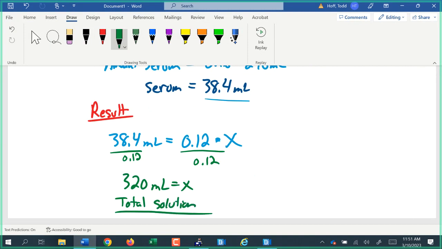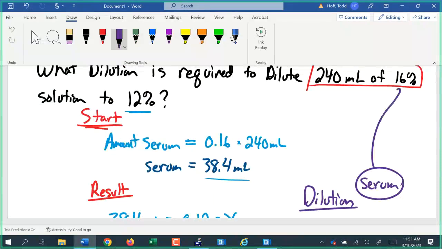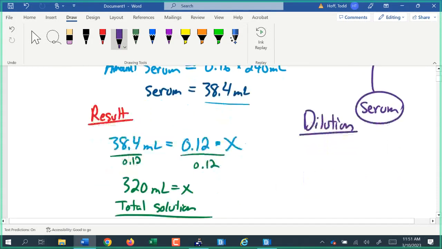Now to do the dilution here, we have to shift a little bit. In the dilution, the serum is going to be the 16% solution, the more concentrated solution. We are starting with 240 milliliters of that.